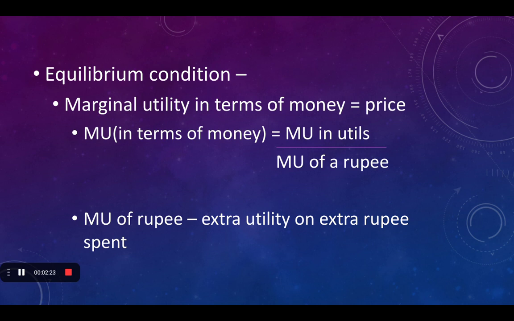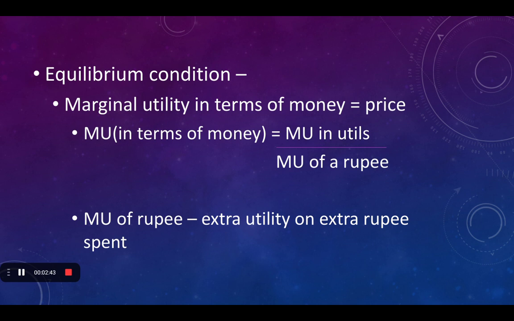Now, we have done earlier that your utility is measured in terms of utils. So, we will be requiring to convert that marginal utility in utils to marginal utility in terms of money. How are we going to convert it?